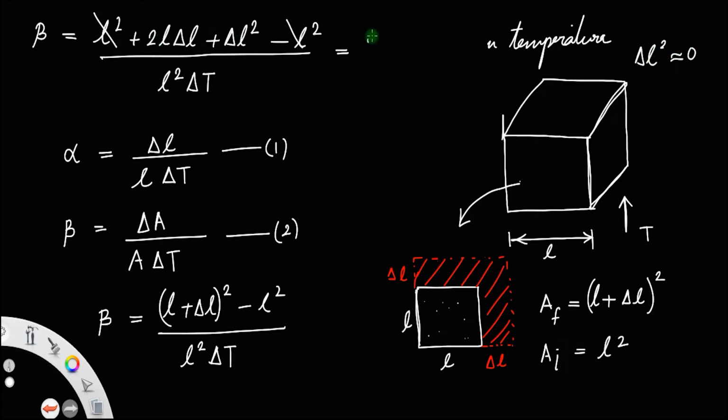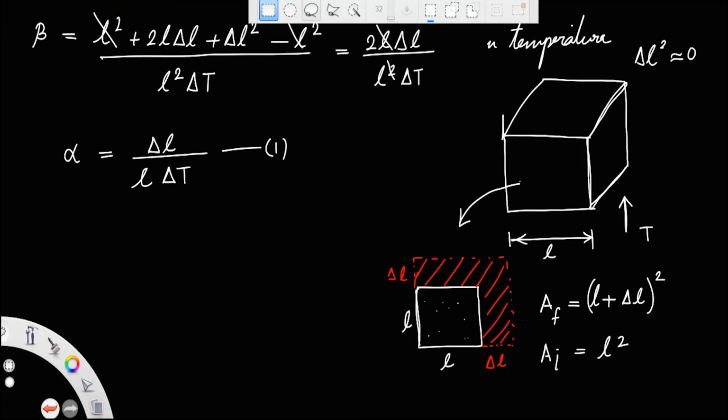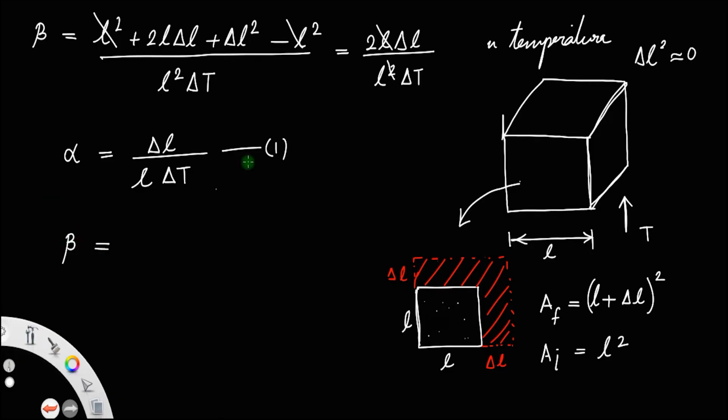So the value is 2L delta L divided by L square delta T. You can cancel one L in the numerator and the denominator, so beta is equal to 2 delta L divided by L delta T. So that's our beta.